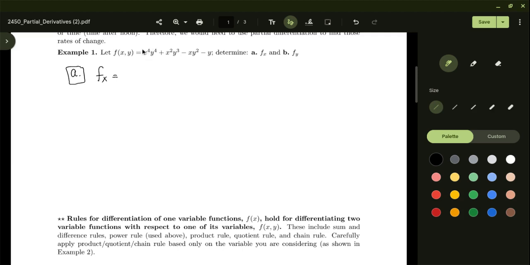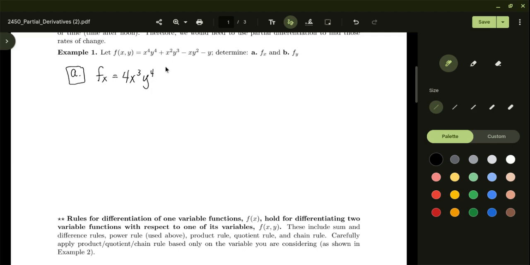So what we would do is take the derivative of this x to the fourth power, which is 4x cubed using the power rule. And then we still have this constant there, so still multiplied by y to the fourth power.